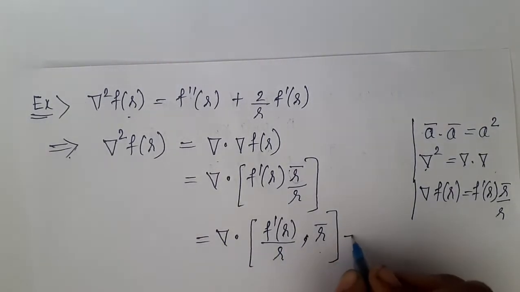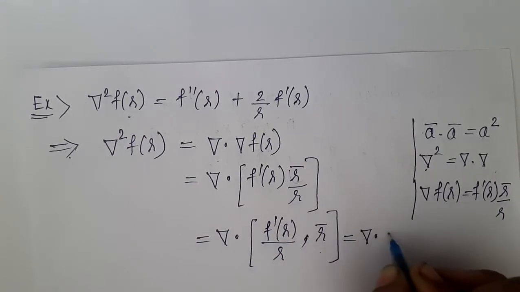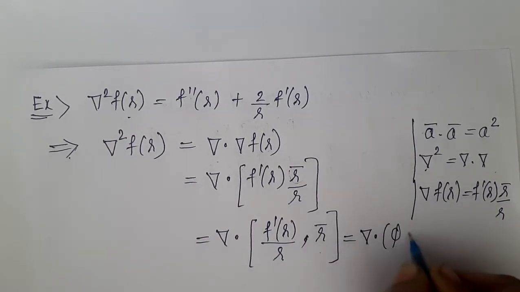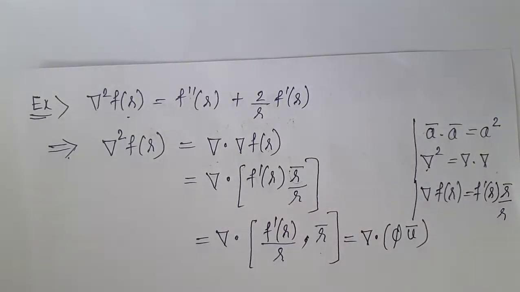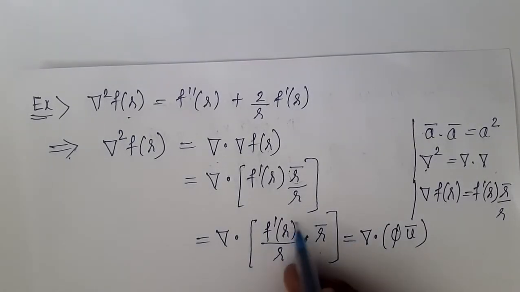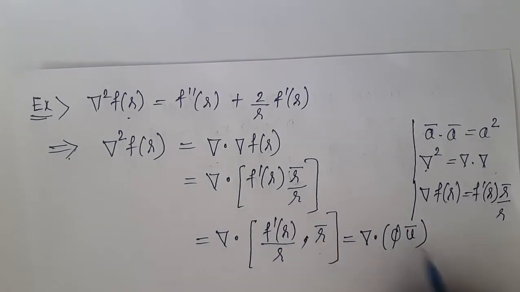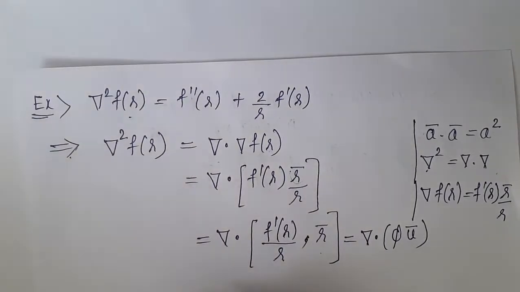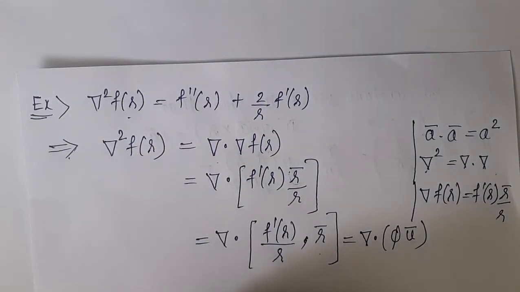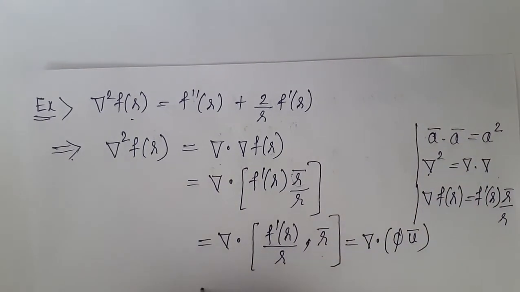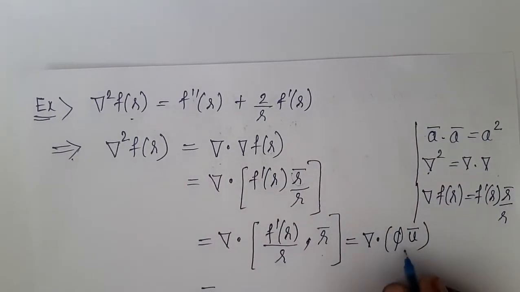Now is it in the form of del dot phi multiplied by u? Yes, because phi is our f dash of r by r and u is our vector r. So what is the formula for del dot phi into u? It is equal to del phi dot product with u plus phi into del dot u.